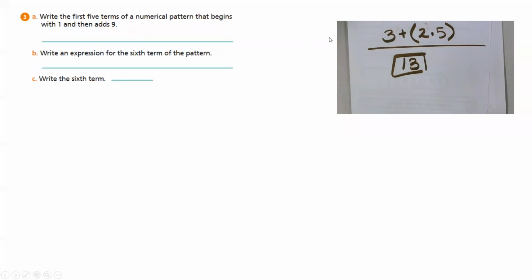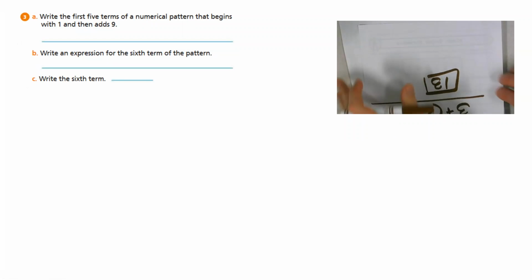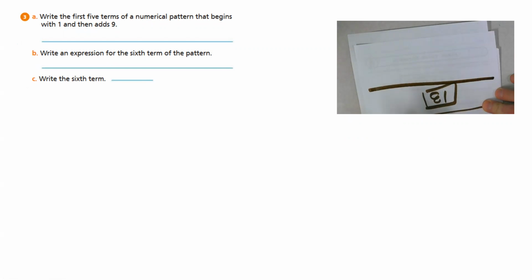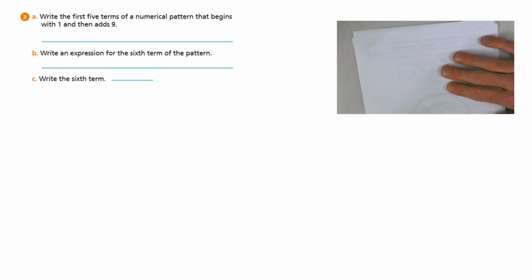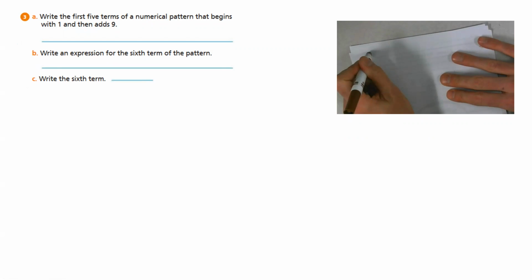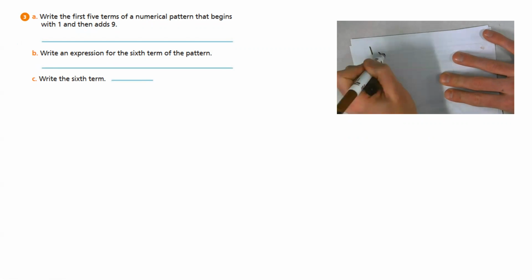Let's go to the next question. The next question says, write the first 5 terms of a numerical pattern that begins with 1 and then adds 9. Remember, we're doing the odds, so we jump to 3. All right, let's get rid of this paper. 1. 1 plus 9 is 10.